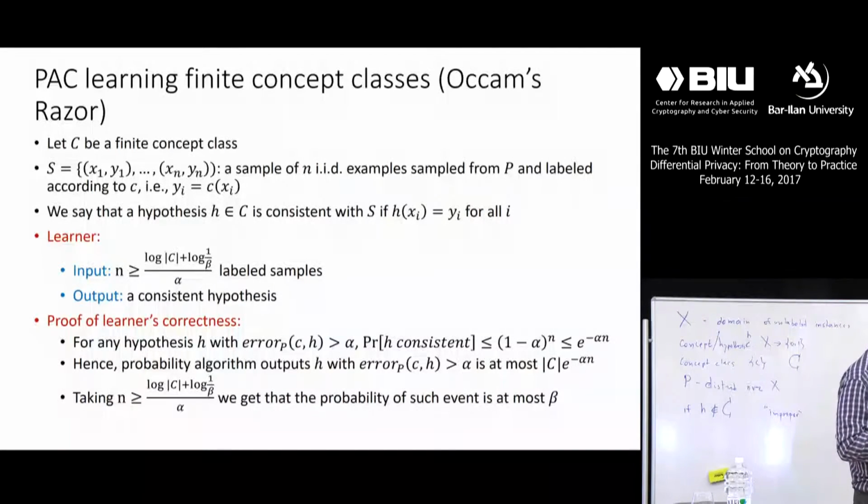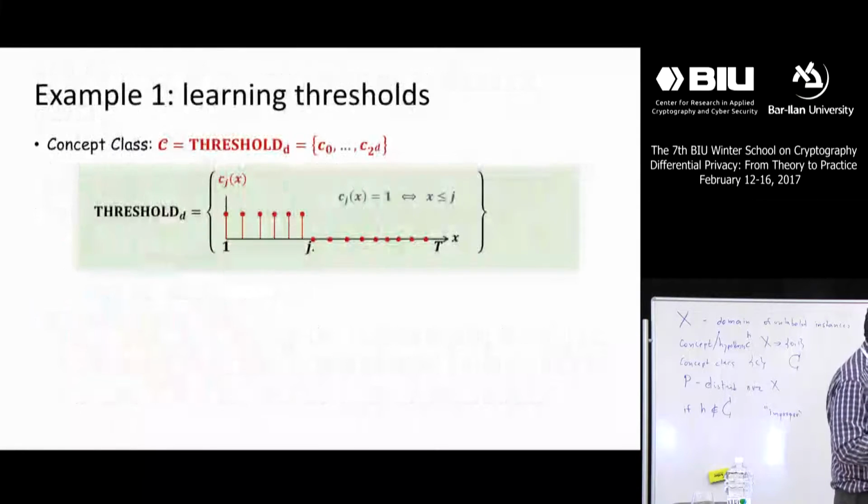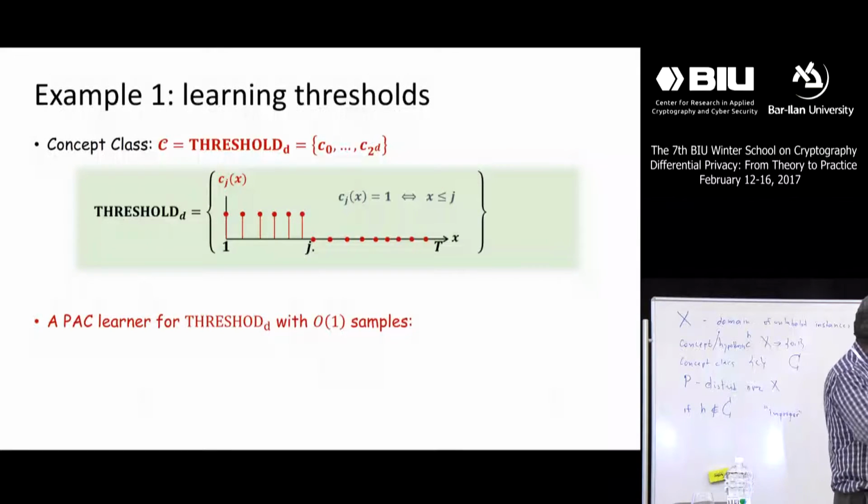It says that the largest number of examples that you need is something like logarithmic in the size of the concept class, okay? And then we had the following example that showed that in this case, we could take log T samples, but we don't need to. Just order of 1 samples is enough, okay?